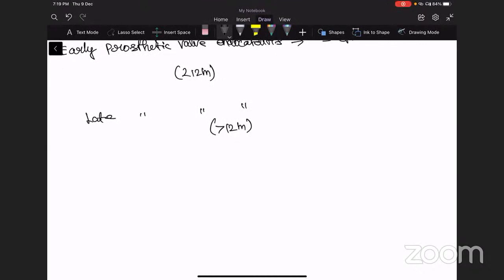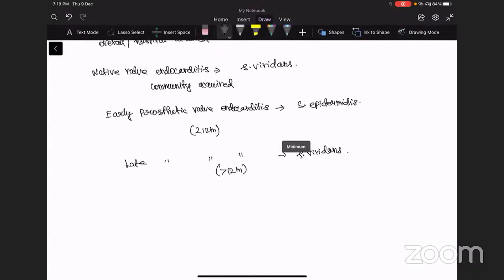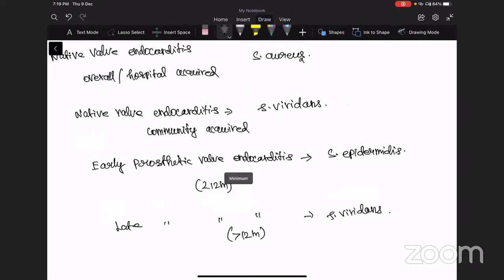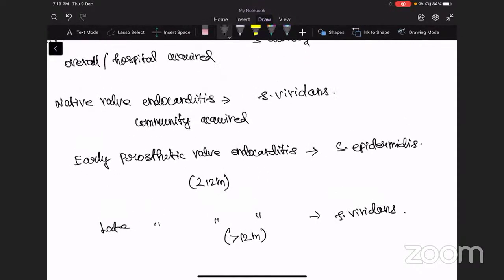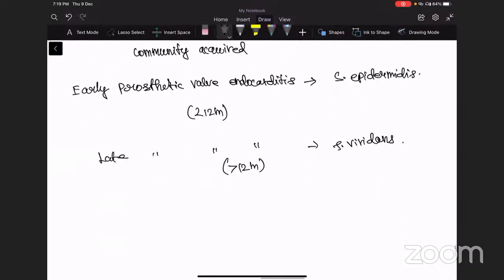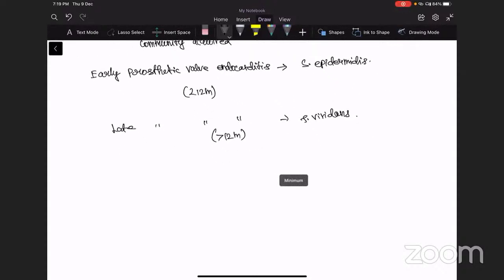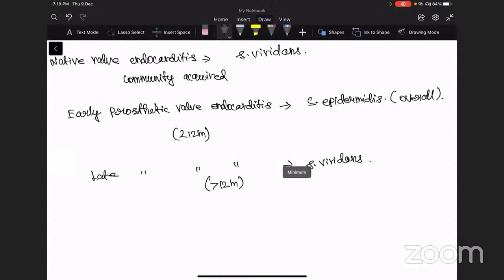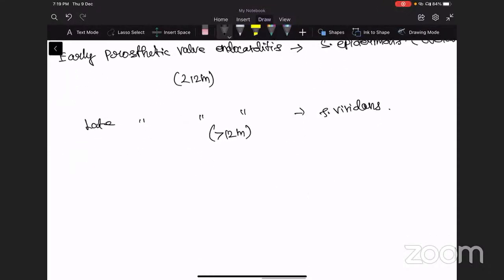Strep viridans is the most common cause of native valve endocarditis, community acquired, and the most common cause for late prosthetic valve endocarditis. If they ask overall prosthetic valve endocarditis, the most common cause is going to be again staph epidermidis.